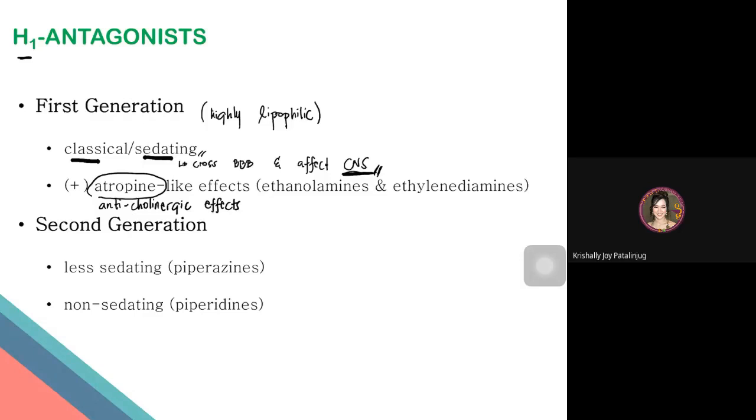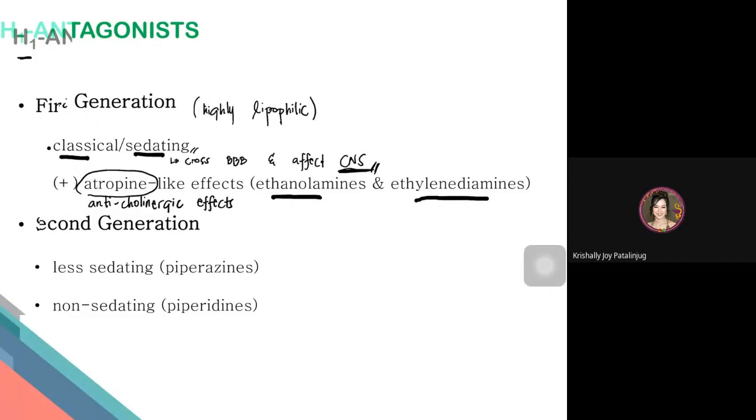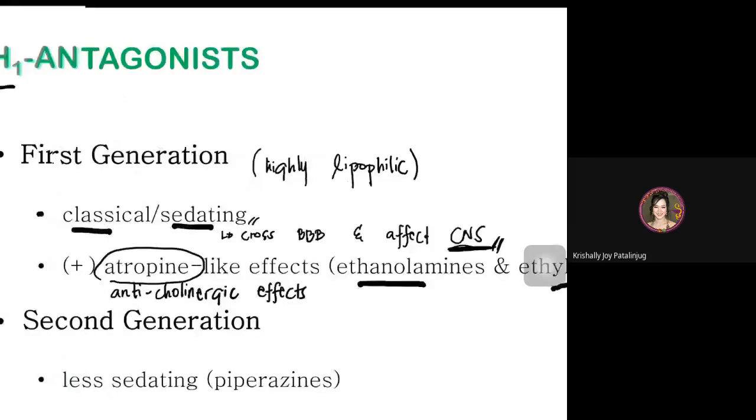So yun yung isa sa natural nature ng mga H1 blockers, particularly yung mga classified nga H1 blocker as ethanolamines and ethylene diamines. So, unsaon man ninyo pagkabalo nga anticholinergic effects na siya. Naalala yung sa parasympathetic drugs nga notes nyo, yung dumbbells.